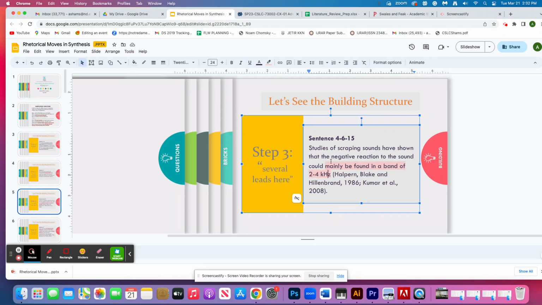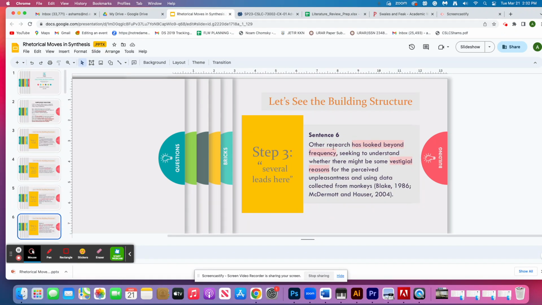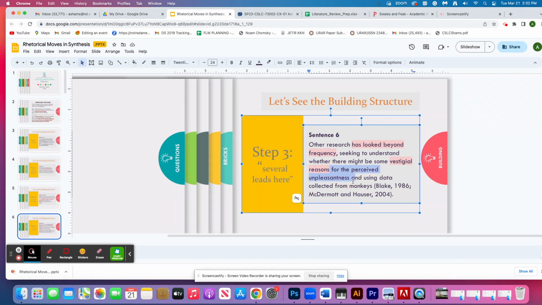Now, another lead is sentence 6: other research has looked beyond frequency. So now you're shifting the lead, going to a different topic, that is vestigial reasons for the perceived unpleasantness. So another lead has been introduced, sentence 6.